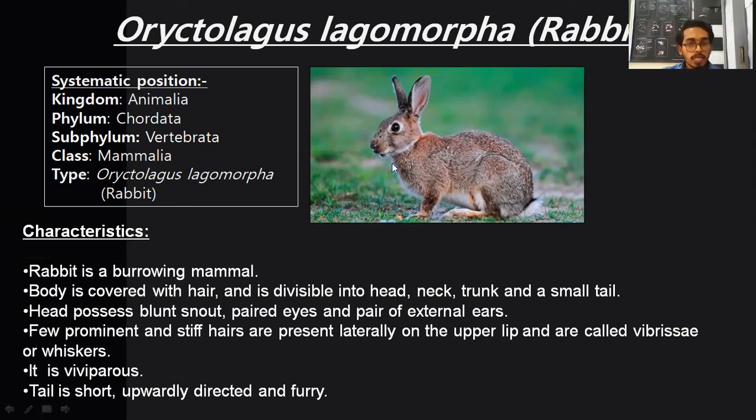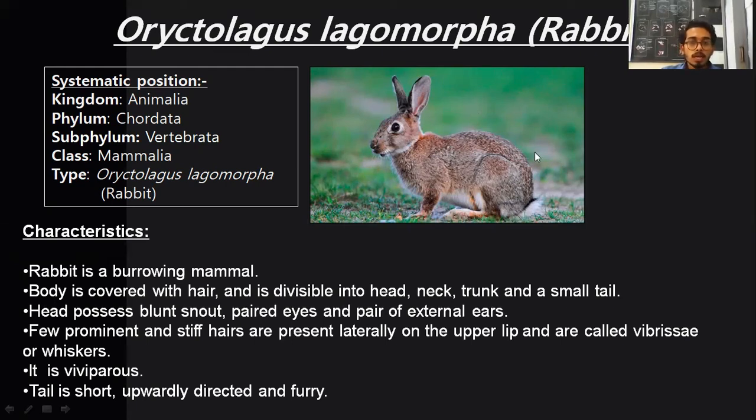These organisms are viviparous. Viviparous means they are not egg laying, they give birth to young ones. Clear? In the previous classes you observed oviparous animals. Oviparous means egg laying, but the mammals are viviparous. That means they give birth to young ones.